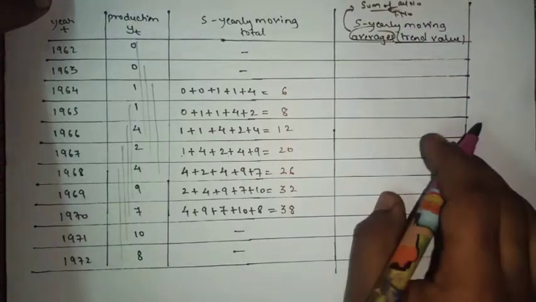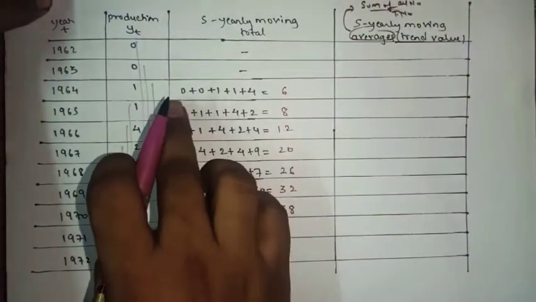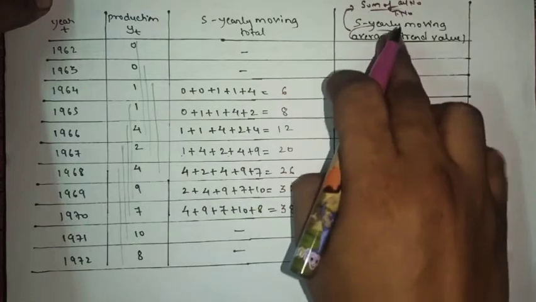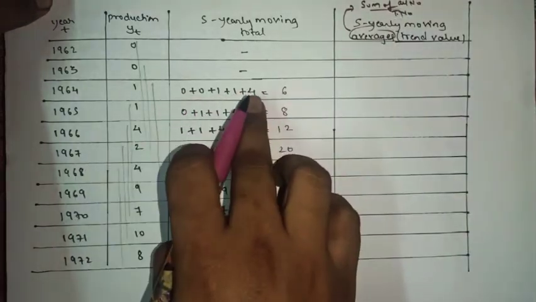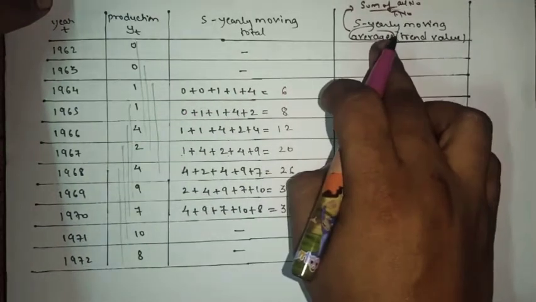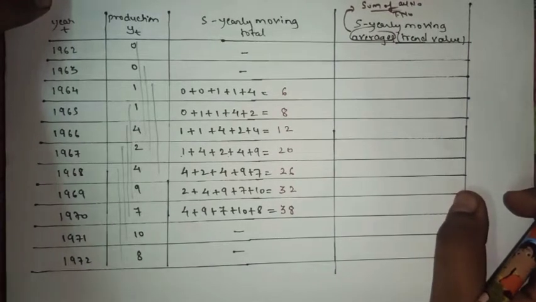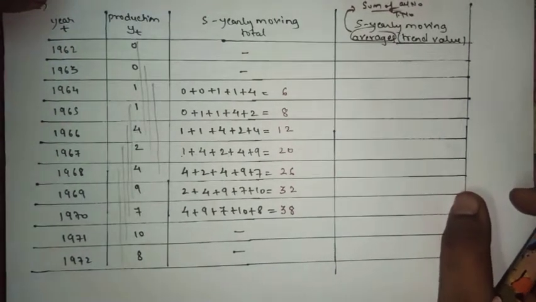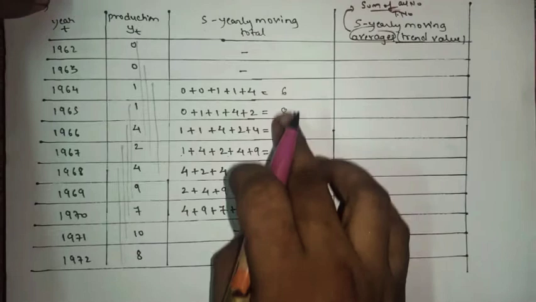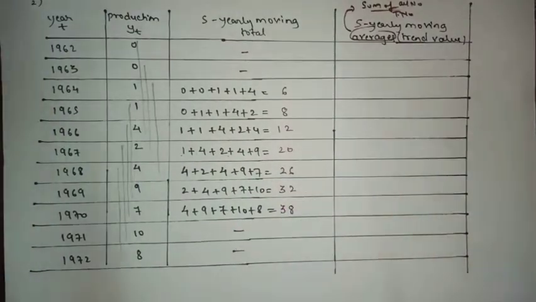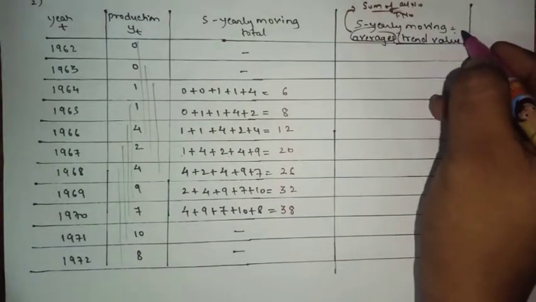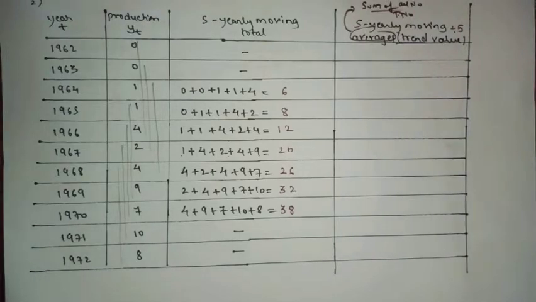A basic formula. So we have the sum, and here we have 5 numbers. As we have to obtain the trend value for the 5 years, we'll divide each and every number here by 5.